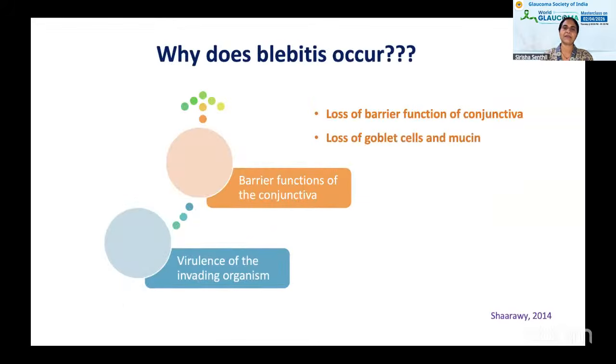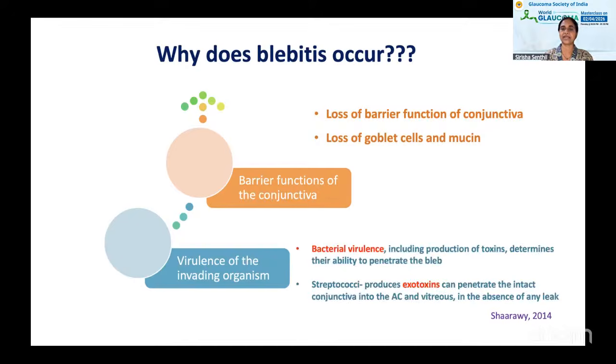So does blebitis occur only when there is a leaking bleb? Not necessarily. Sometimes the infection can also occur by certain virulent organisms which can penetrate even intact conjunctiva. In the presence of a bleb leak or a very thin cystic bleb, of course, infection is more common, and with any surface or lid related problems, even commensals can sometimes cause an infection.